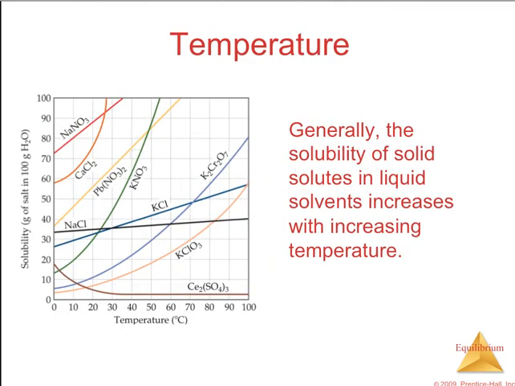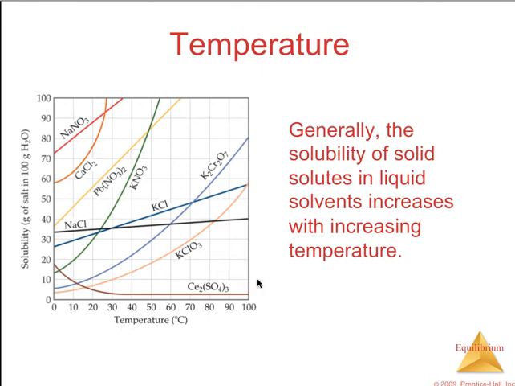Wanted to show you a solubility curve. Okay, and this is the solubility, grams of salt in 100 grams of water, versus temperature. And you can see that each one of these curves is identified with a different substance. As you can see, for most ionic substances, their solubility increases with increasing temperature. There is at least one exception on this graph that decreases with increasing temperature.